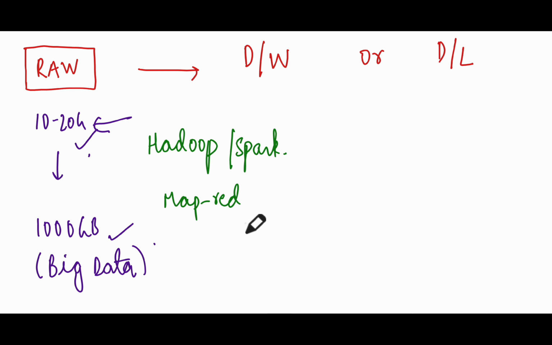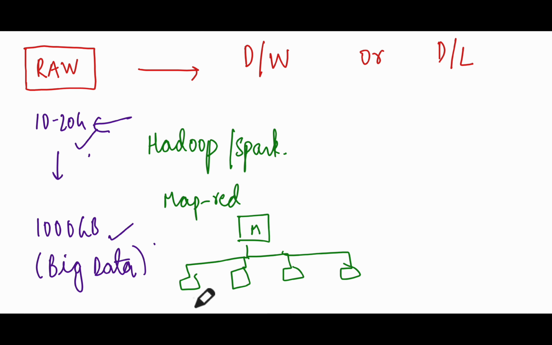There is a master system and there are slave systems below it, so a master and slave concept is there, and work is allocated accordingly. I'm not going too much into that.